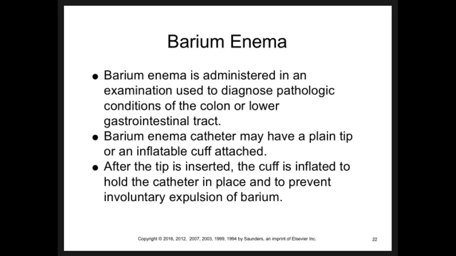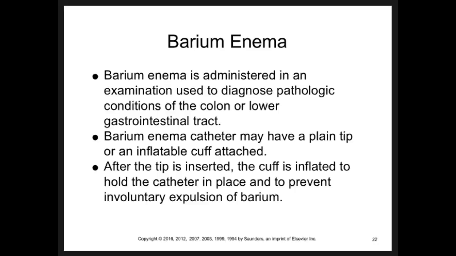Barium is most commonly used to look at the GI tract from the top to the bottom, so from your mouth to your rectum, all the way through. It's radiopaque and it is not absorbed by the body, so it's a very inert material that doesn't do anything to the body itself except go right through.